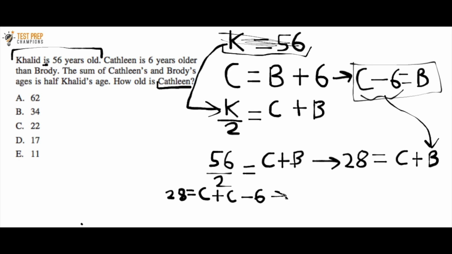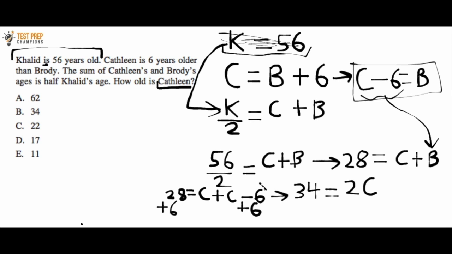And we can simplify this even further. I have c plus c, which would be 2c. And this minus 6, to get rid of that, I'm going to add 6 to both sides of the equation. So basically, if I rewrite this, I will have 34 equals 2c.